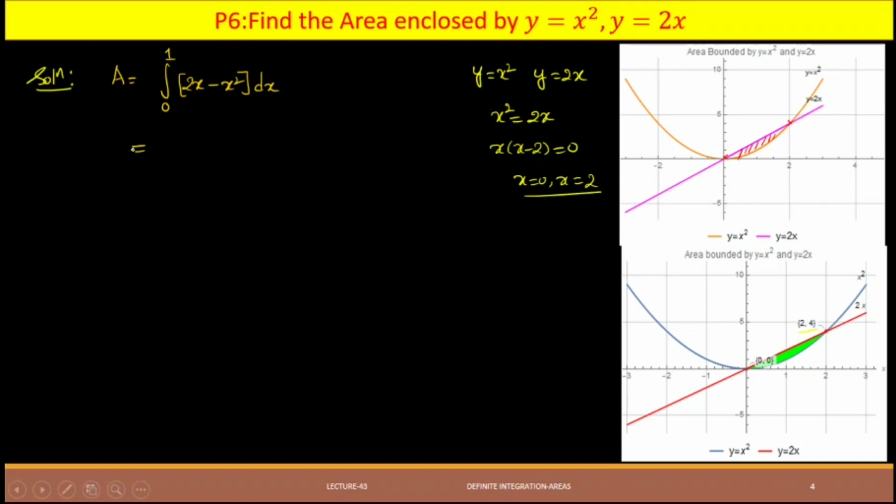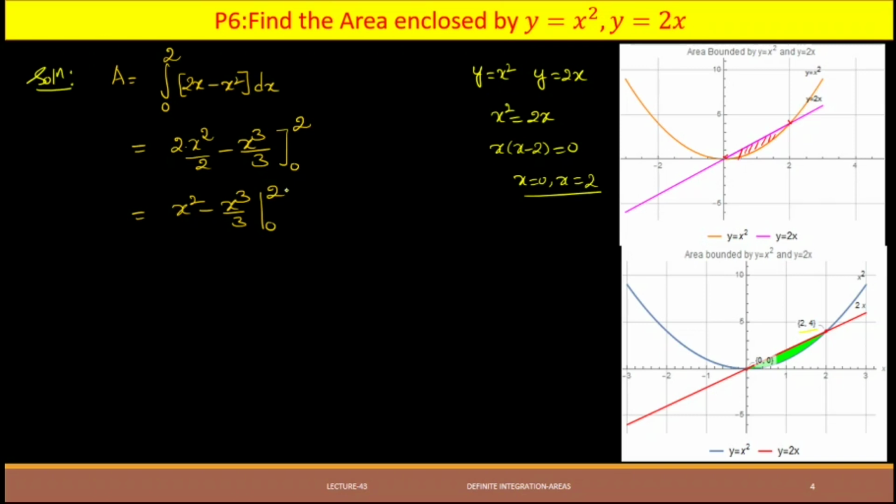So this is equal to 2 into x square by 2 minus x cube by 3. So apply the limits, sorry, I think the limits are 0 to 2. So it is 0 to 2, that is equal to x square minus x cube by 3.